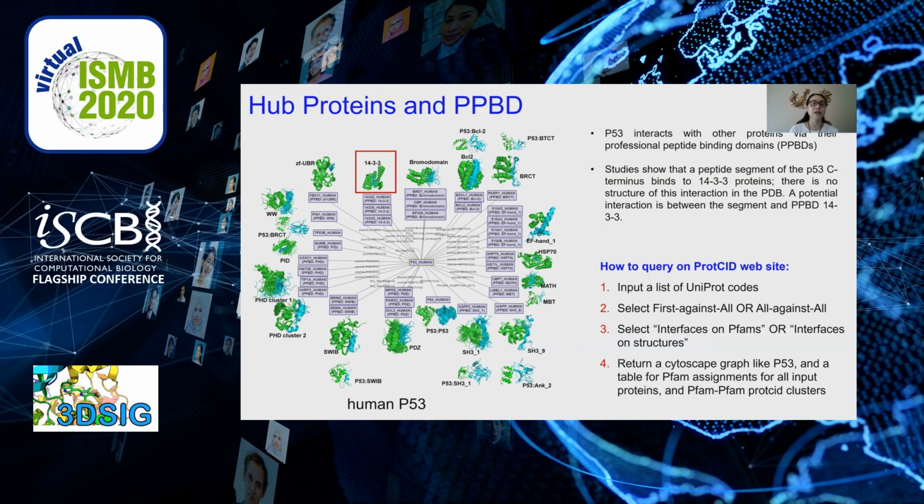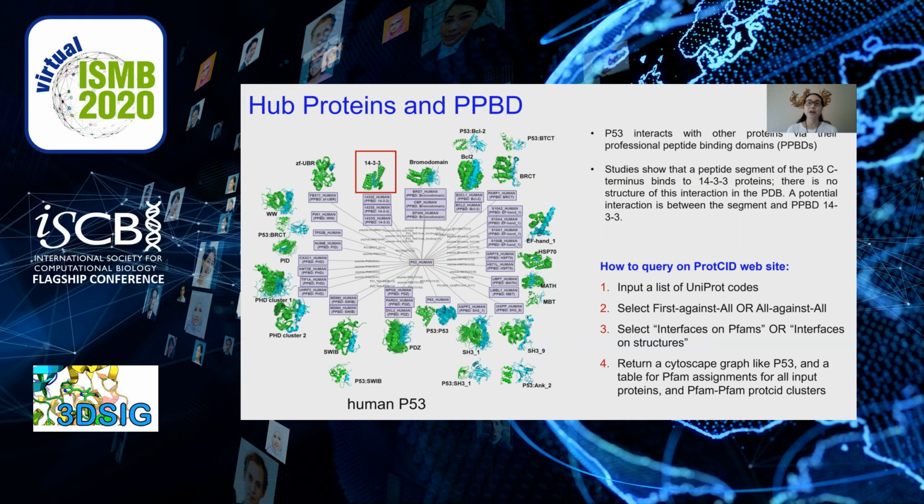ProtCID returns a Cytoscape picture of all interactions in the PDB. So from this picture, we can see that P53 interacts with other proteins by their PPBD.